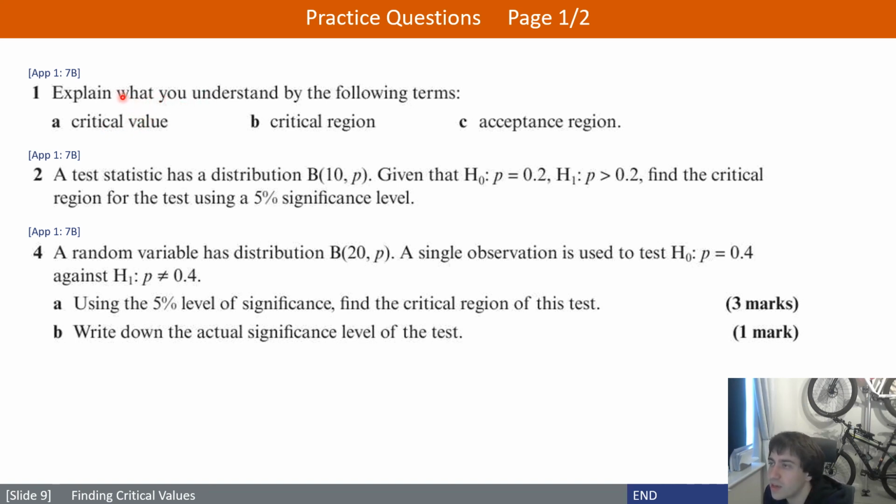Okay, then have a go at 2, which is a nice basic attempt to find critical values and a critical region for a one-tailed test, and then see if you can do the same for a two-tailed test. There's one more question on the next slide as well. Okay, you can pause the video now.